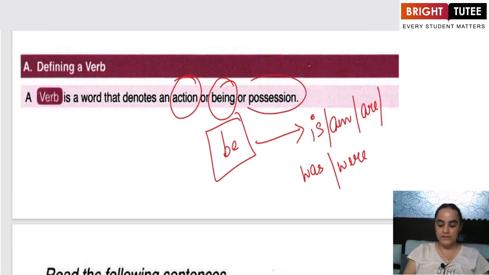Or possession, when they link the subject to the object. This is what a verb is. So a verb serves the purpose of performing an action, telling us what is, or it connects the subject with the object.